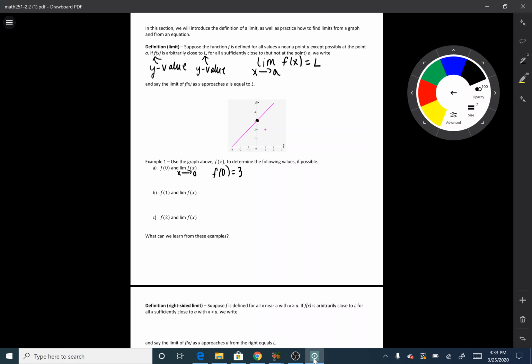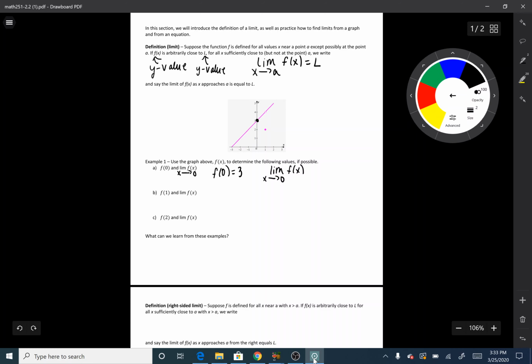In order to find the limit as x approaches 0 of f of x, I have to look at where my function is headed, both in the positive and in the negative directions, towards 0. So if I look at this side of 0 right here, I am on the right side of 0 on my function going towards the point 0.